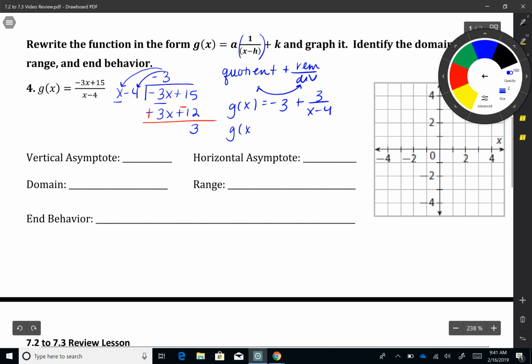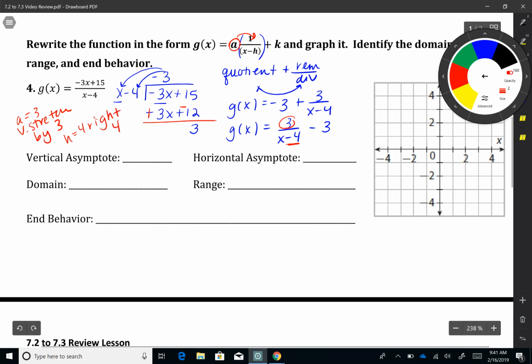And you can switch that order to help you identify a, h, and k if you would like. Doesn't matter. Okay, so remember your a, even though it's out here in front, it can be on top, which ours is right now. So your a is 3, so that's a vertical stretch by 3. Your h right here is actually +4, so that's right 4.